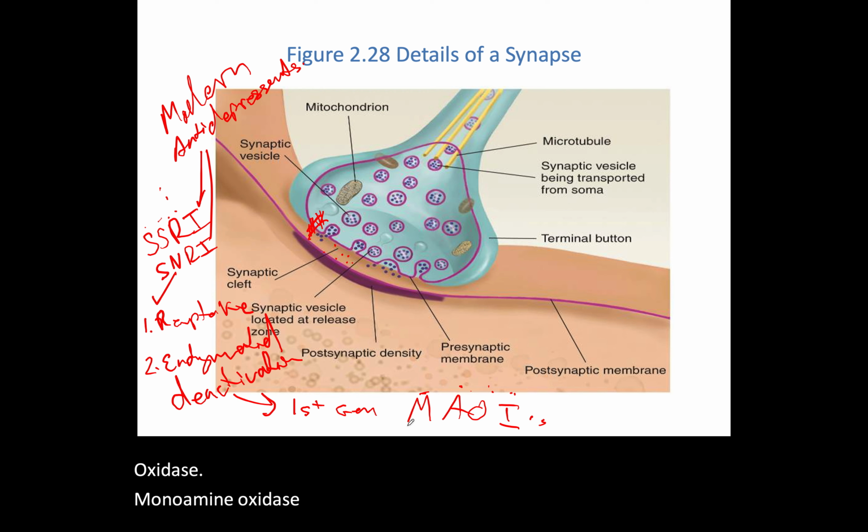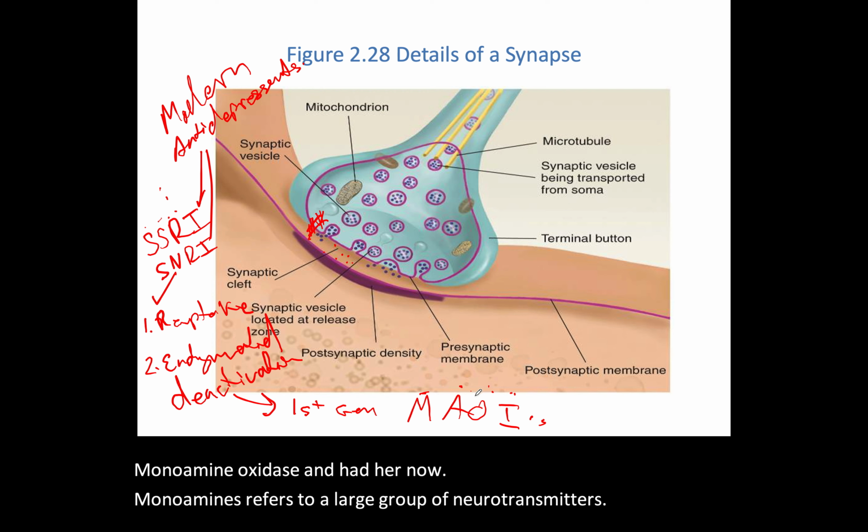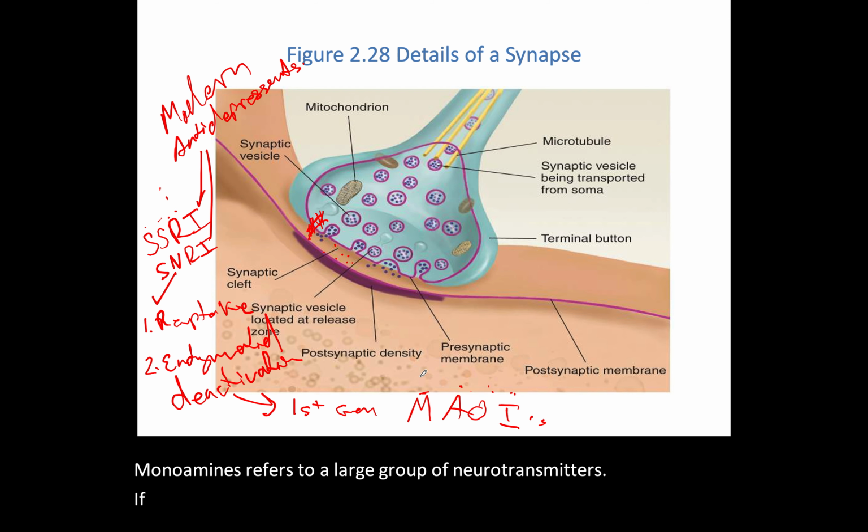Now, these monoamines refers to a large group of neurotransmitters. If you inhibit the enzyme that is destroying them, you increase the levels of the neurotransmitter.